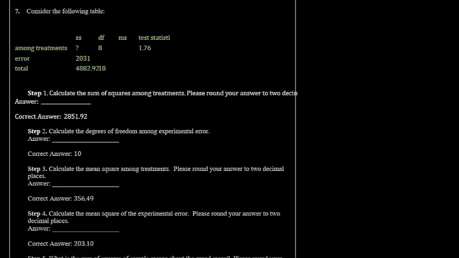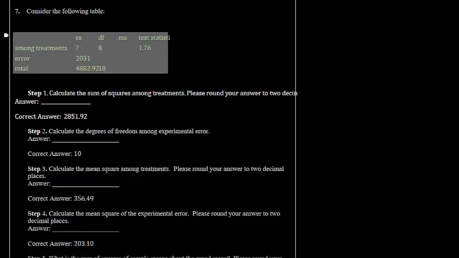So let's consider the following ANOVA table. We have the treatments, the error or within treatments, and the totals for each. Let's build this out a little bit so you have more space, because it can be very confusing in here. There you go. Is that better?